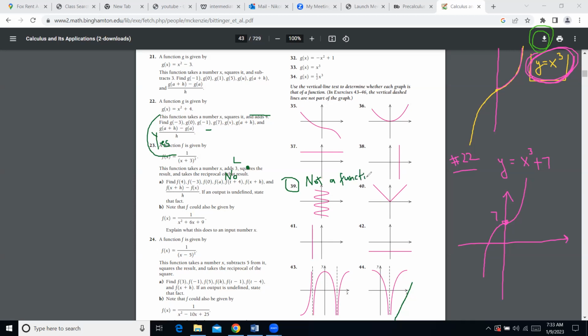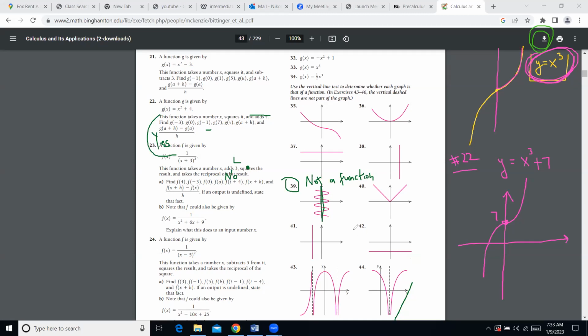Because there is a vertical line I can find. Actually, there are plenty of vertical lines, even our y-axis, which is a vertical line, that intersect this wiggle in so many places. So more than one intersection. This is it, not a function.